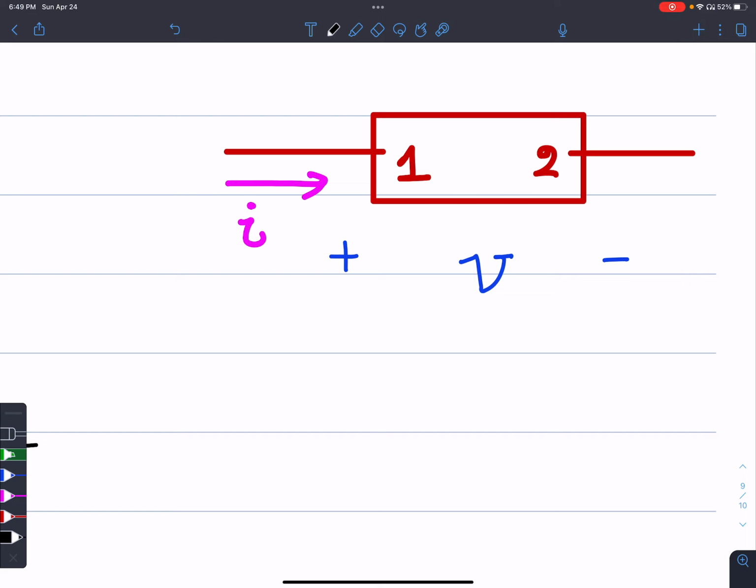First, there is a positive sign for the voltage on the left side, on terminal 1, and a negative sign on the right terminal, terminal 2. We like to call the terminal with a positive voltage as high, and the other one as being at a lower potential. The negative terminal, terminal 2 as shown in this diagram, is at a lower potential.